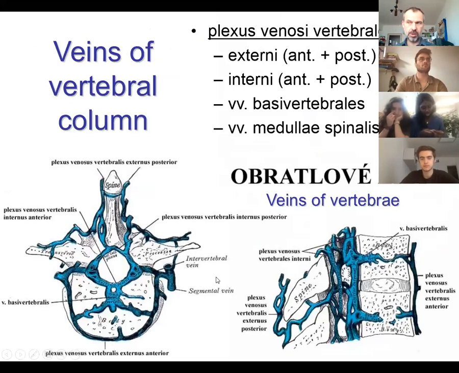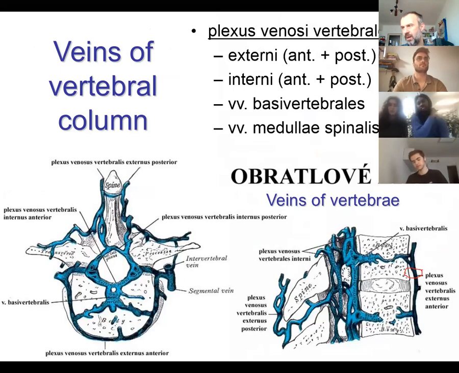If not, just close to it are veins of the vertebral column. It is very easy as there are plexuses. Yeah. And we know that we have the plexuses located named here according to their position. So we have the anterior external, we have the posterior external.